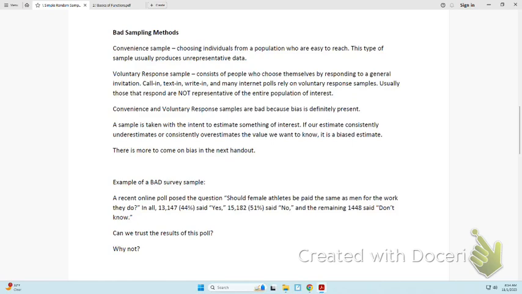Let me write that. Sometimes voluntary response is impossible to avoid.